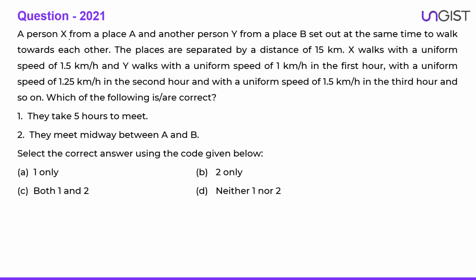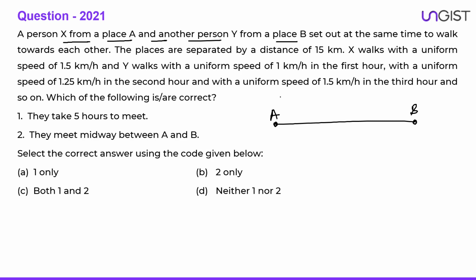Question says a person X from a place A and another person Y from a place B. So there are two places A and B, right?